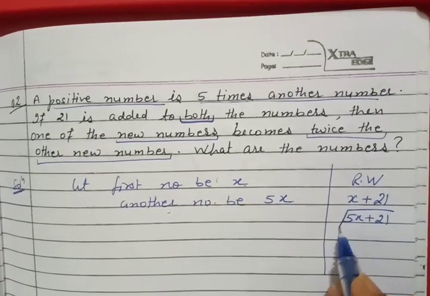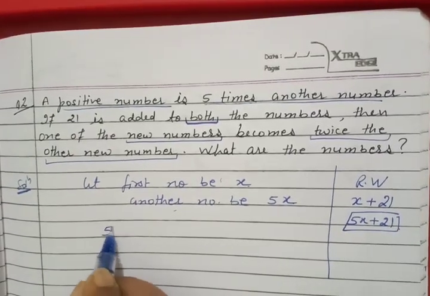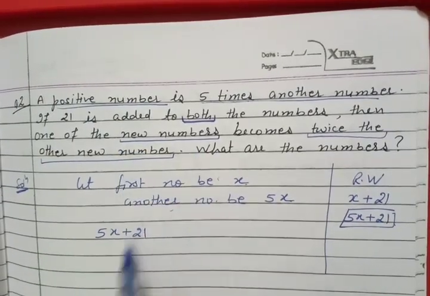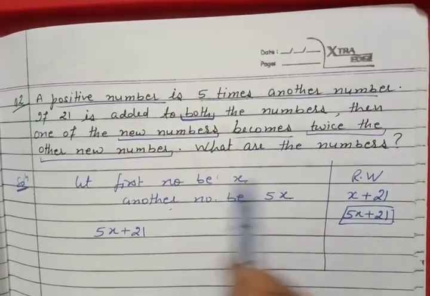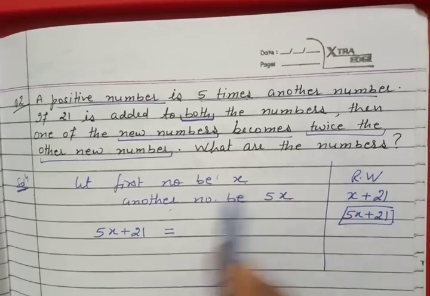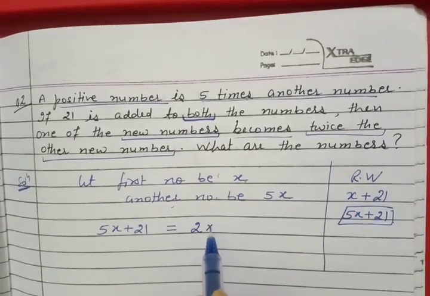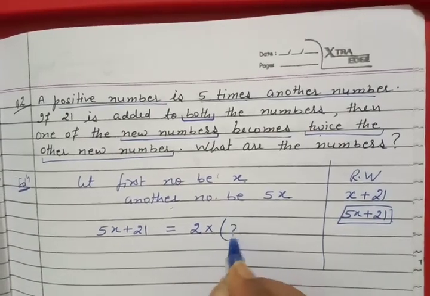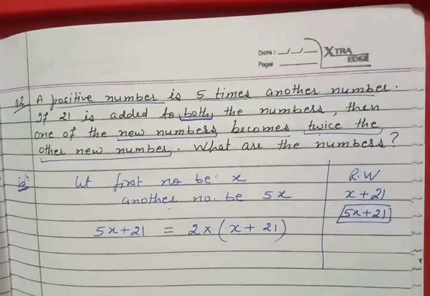One of the new numbers becomes twice. So this is greater, so we will write 5x plus 21. This becomes equal to twice, 2 multiply the other new number, which is x plus 21.